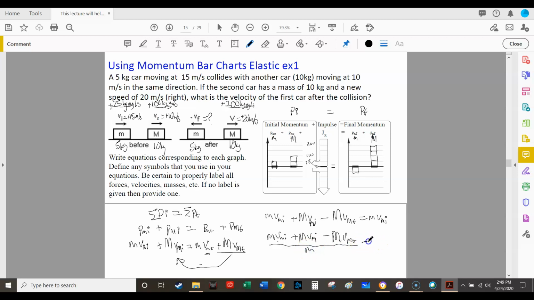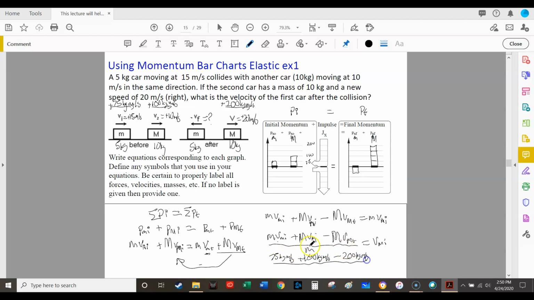Small m, and that is going to be our velocity here, right? Well, I'd worked out these momentums earlier. This is 75 kilogram meter per second plus 100 kilogram meter per second minus 200 kilogram meter per second.